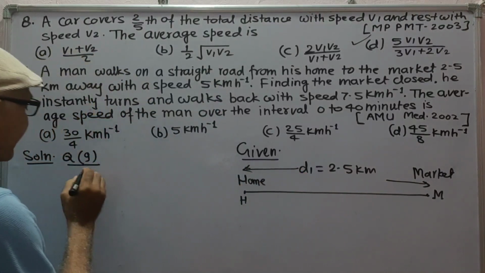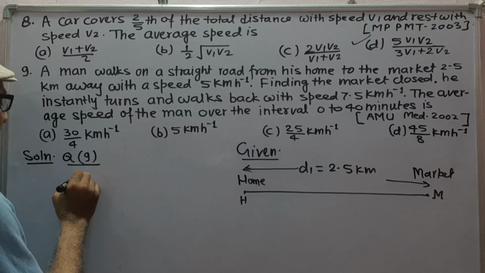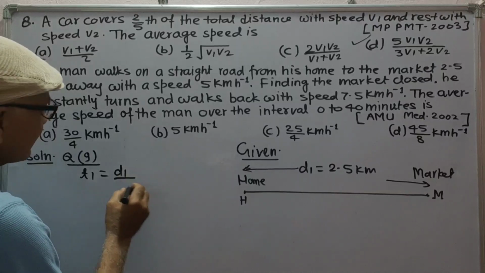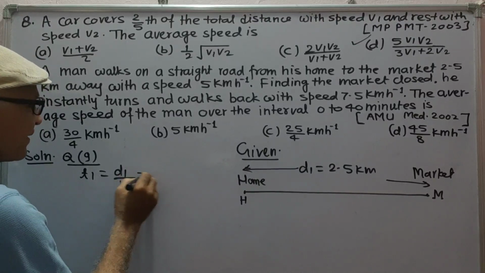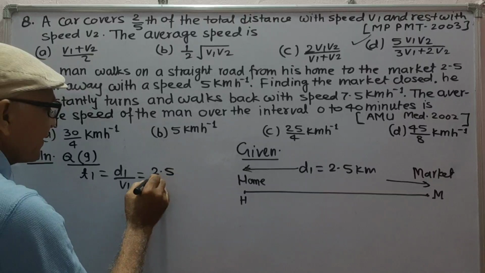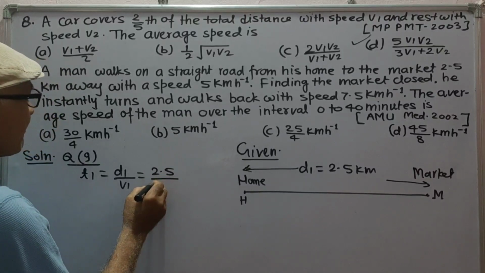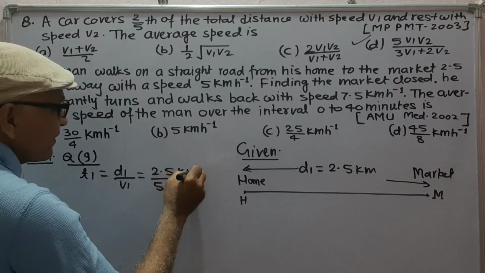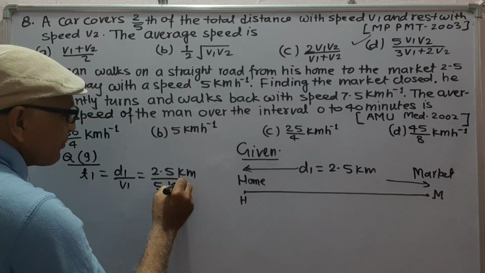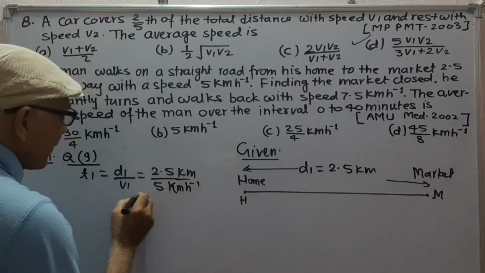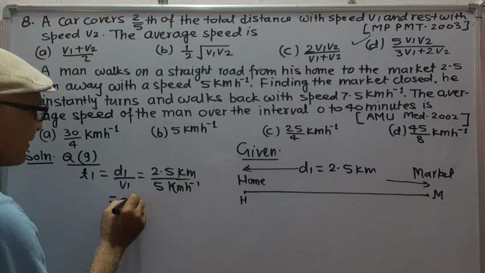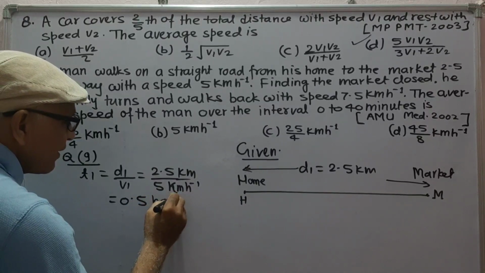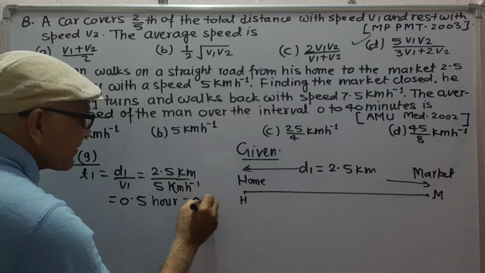From home to market, velocity is v1, therefore time t1 will be equal to d1 upon v1. d1 is 2.5 km and v1 is 5 kilometer per hour. So t1 is 0.5 hour, which will be 30 minutes.